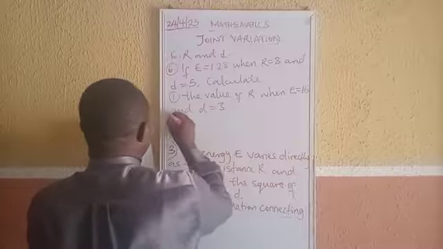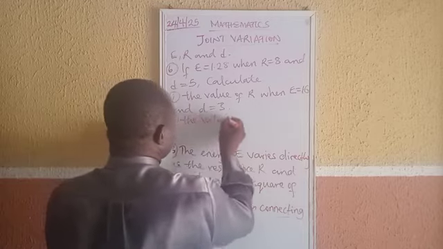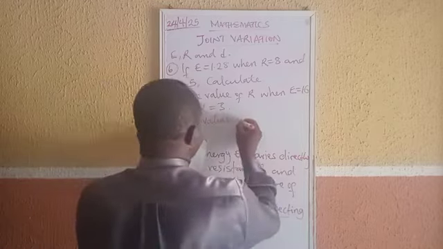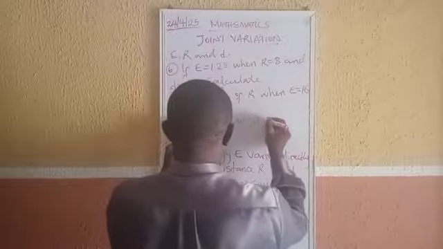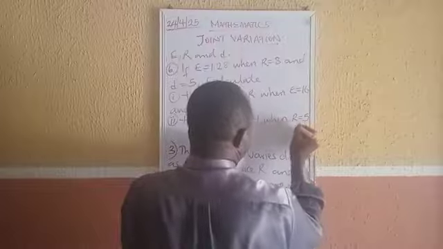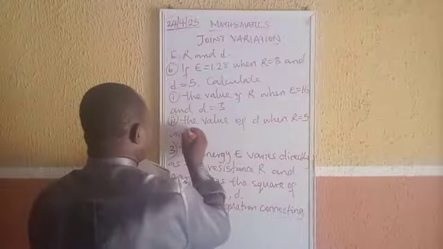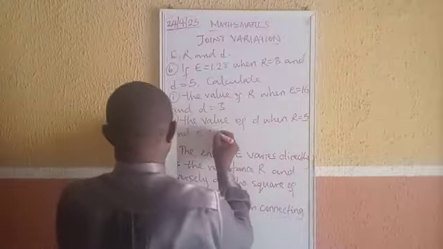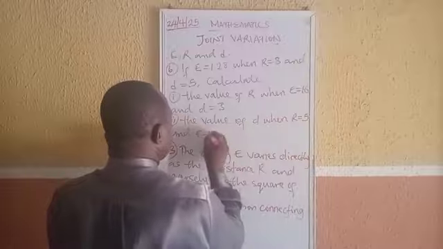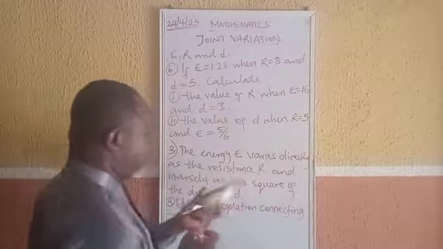Roman figure 2, the value of D when R equals 5 and E equals 5/6.